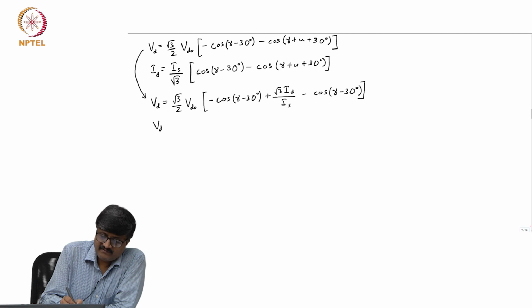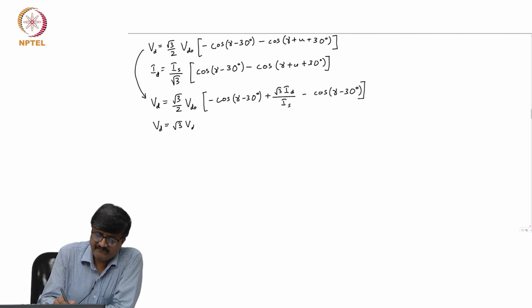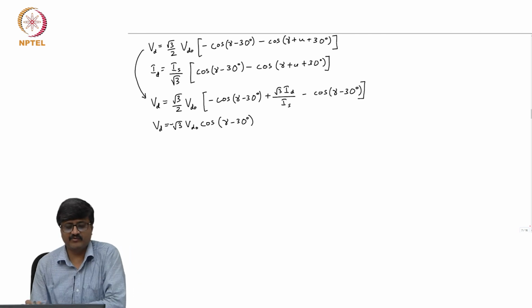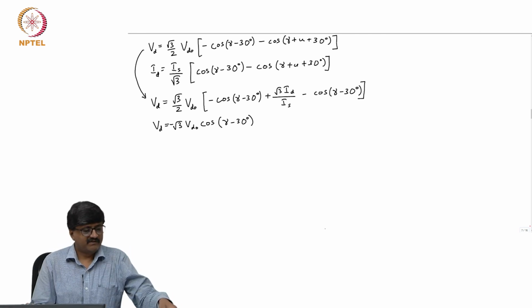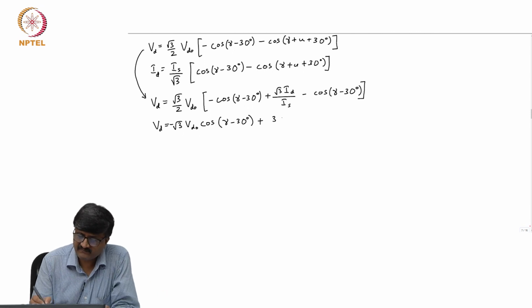So, if I simplify this, I get root 3 VDO cos gamma minus 30 degrees with a negative sign. So, minus root 3 VDO cos gamma minus 30 degrees plus 3 VDO by 2 IS ID.